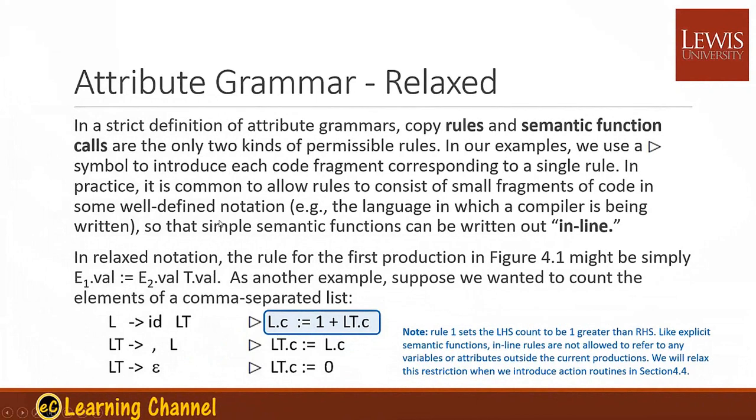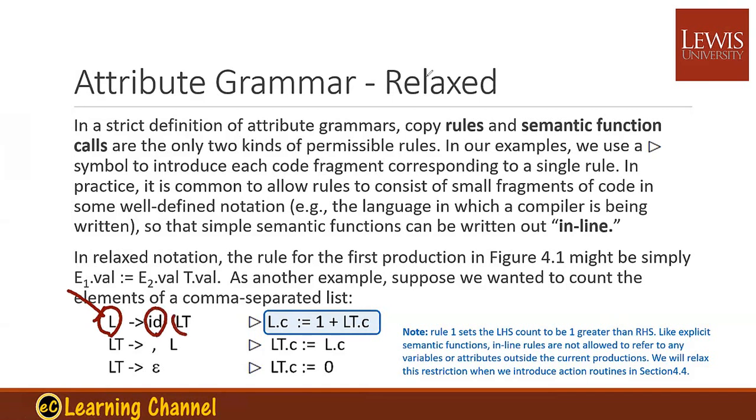Attribute grammar relax. So here in the strict definition of attribute grammar, copy rules and the semantic rule, semantic function call. So this one, I see. So L equals ID and L. So this one is actually the so-called ID comma ID list. So here list tail, list equals ID and list tail. So here actually, let me see. This one is list.